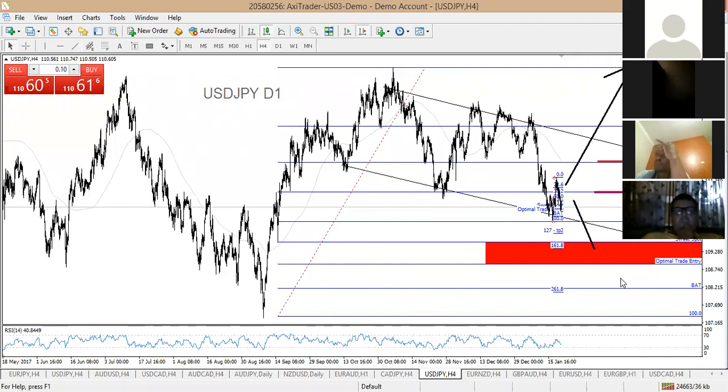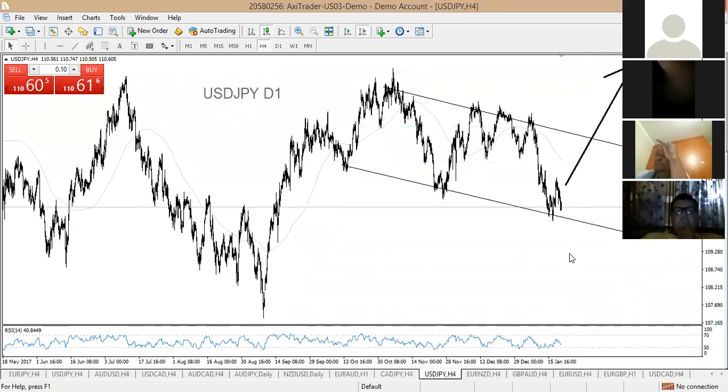Then we can start buying, because if you delete everything, you will see that we're currently in a channel support on this level here. We're expecting the market to continue going up towards these highs, because we have to respect these levels, guys.